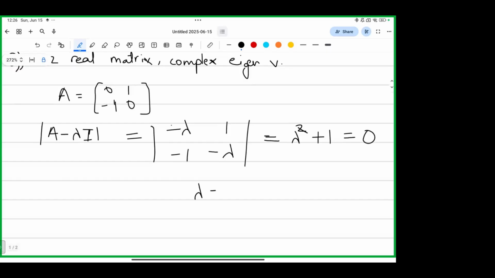So lambda would be plus minus iota. Very good. So the eigenvalues are iota and minus iota, right? Yes, sir. Okay. Very good.